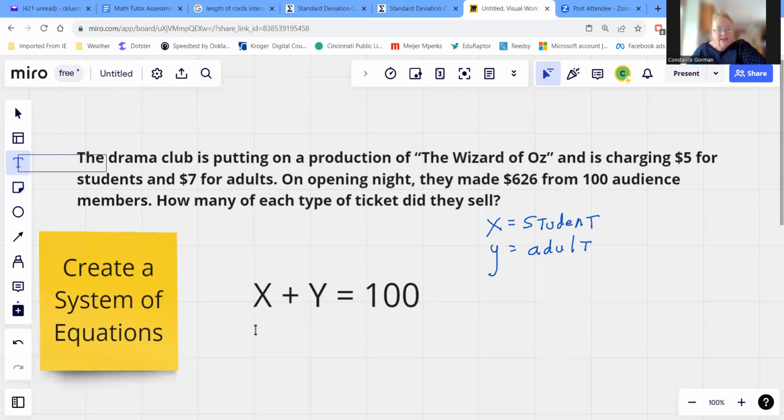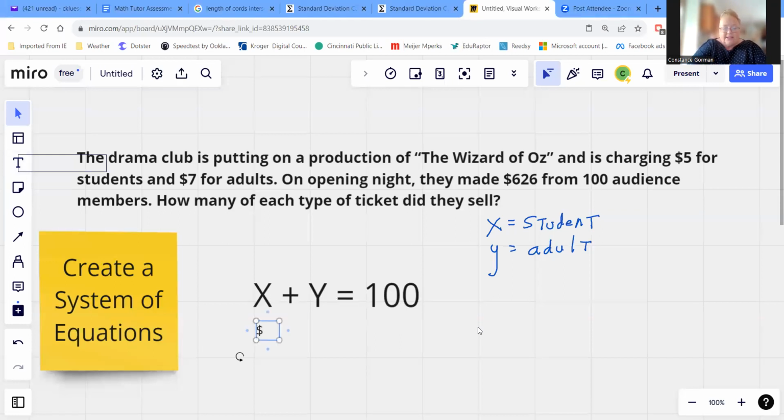Okay, so now the second equation is usually where students kind of struggle. So what do we know about the problem? Well, they took in $626. And we know it was $5 for student tickets and $7 for adult tickets.